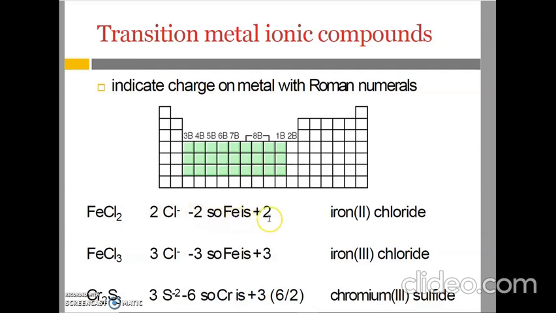So iron will become positive 2 because the compound is neutral, and each chlorine has the same charge. So from here we can say that iron is actually positive 2 charge. So it becomes iron(II) chloride. You need to indicate the charge in a Roman numeral.